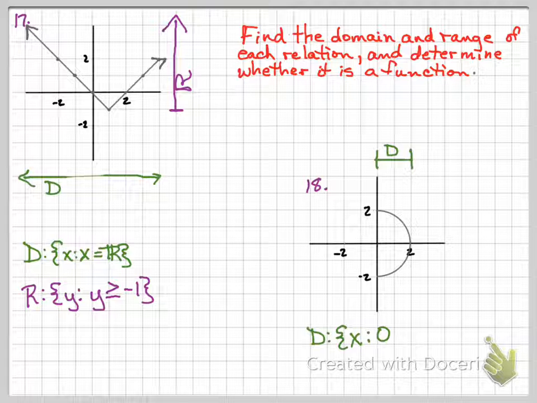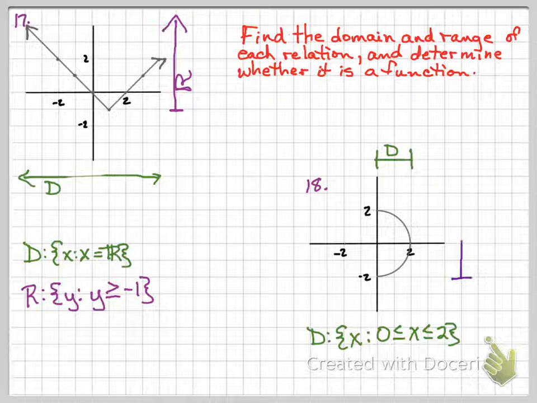Then we're going to say that 0 is less than or equal to x, and x is less than or equal to 2, because it ends at 2.